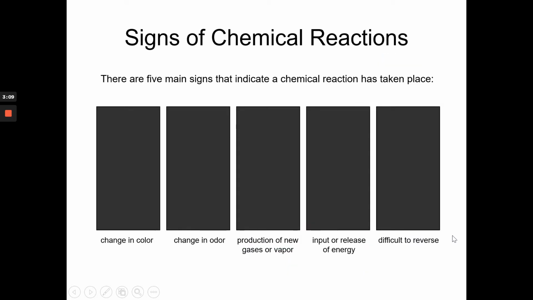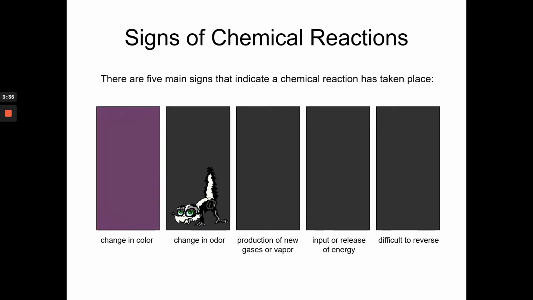All right, so I've summarized that for you here for some of you that are a little bit more visual. If something changes color, so this is changing colors, that's an indication maybe a chemical reaction is taking place. If there's a change in odor, right? Maybe you know that food, you know what food should smell like, and then if it smells kind of funky, well, there's a chemical reaction taking place.